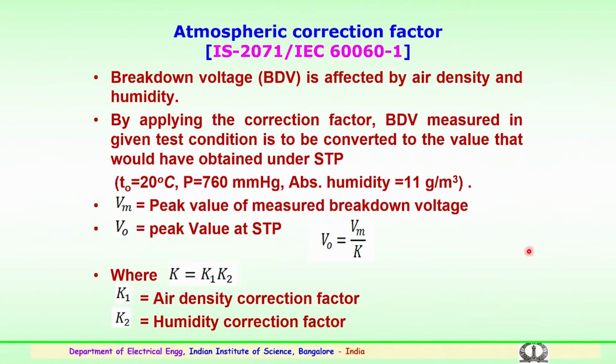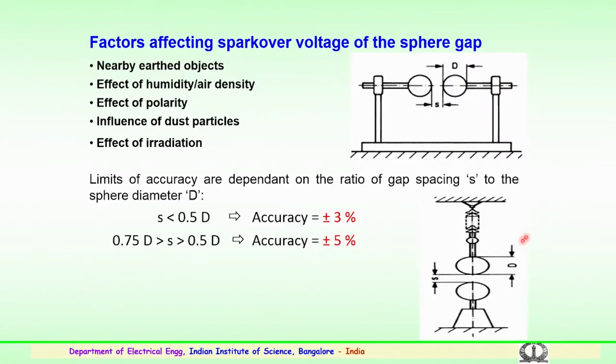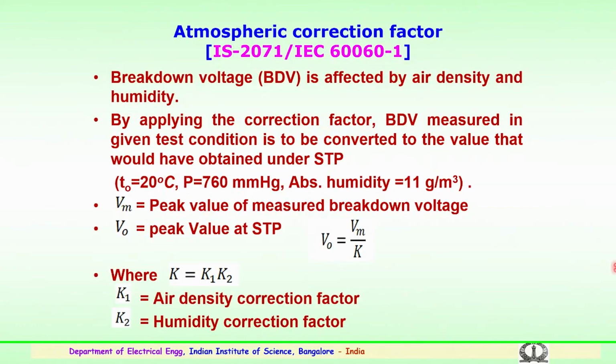Now, considering Vm being the peak value of the measured breakdown voltage of the sphere gap, when the voltage is applied, there will be a breakdown here. So, this breakdown voltage for a specified gap is the value Vm, which is known as the measured breakdown voltage.